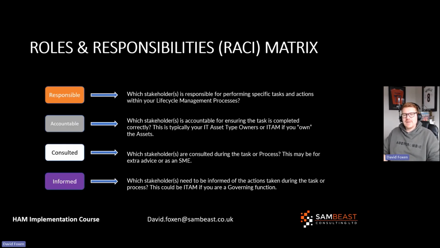We'll do more about RACI matrices in another webinar, but this hopefully gives you an overview. These are so important when building your HAM scope, when building that initial basic implementation of hardware asset management. Like I said, it removes any ambiguity and makes everyone aware of what their responsibilities are.